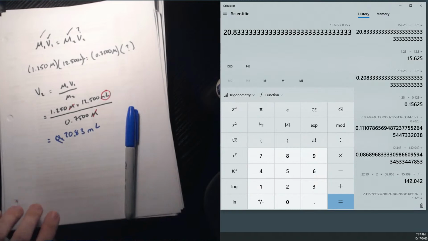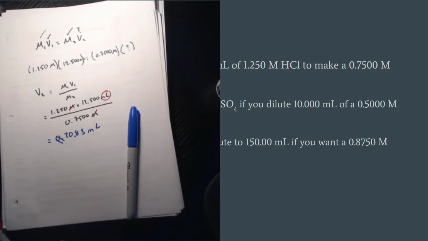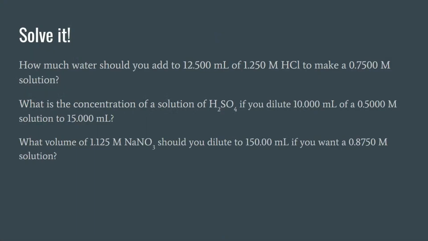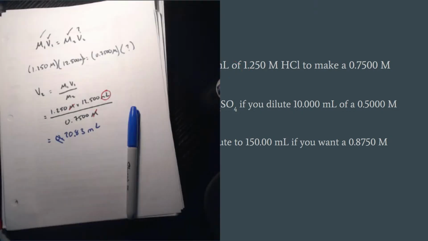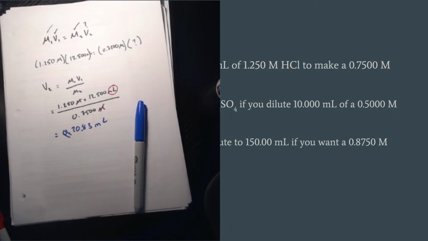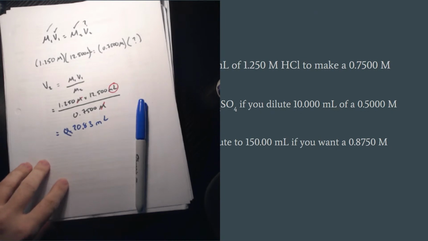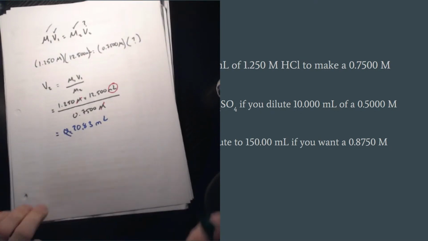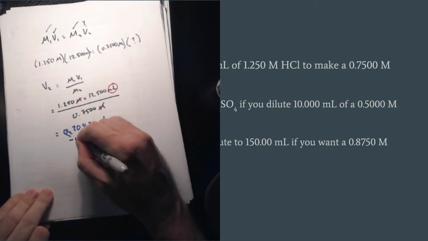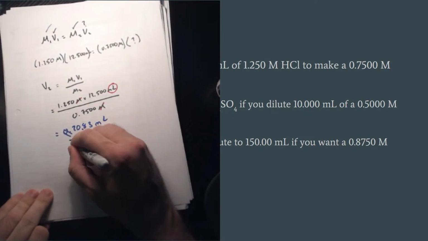Now here's the thing. That is what we are diluting to, but that's not how much water we're going to add to our solution, because we're starting with 12.5 mils. And I asked, how much water do you add? When you do a dilution, you're adding a certain amount of water to an already existing volume of solution.